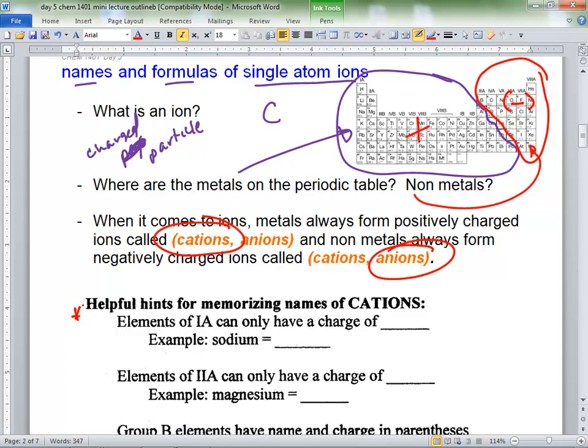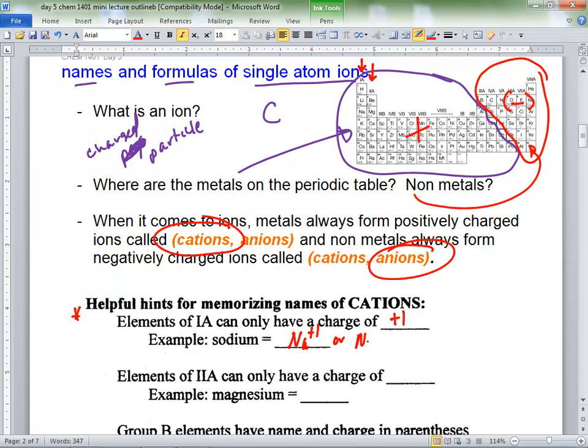Group 1A, that's right here. Do you remember the groups with an A on them were called the main groups? And their charge was fixed when it comes to ions. So all these guys are going to have fixed charges, 1A and 2A. 1A can only have a charge of +1. For example, sodium. We call it Na +1, or you could just write it as Na+.